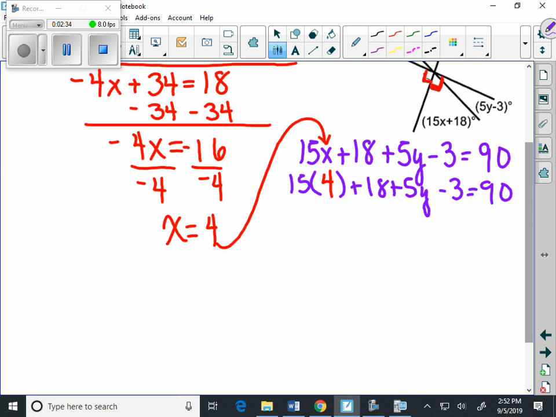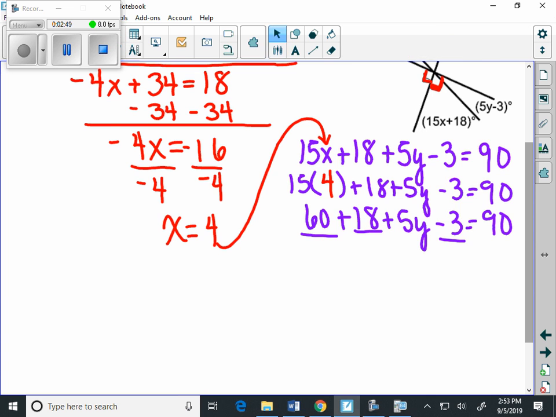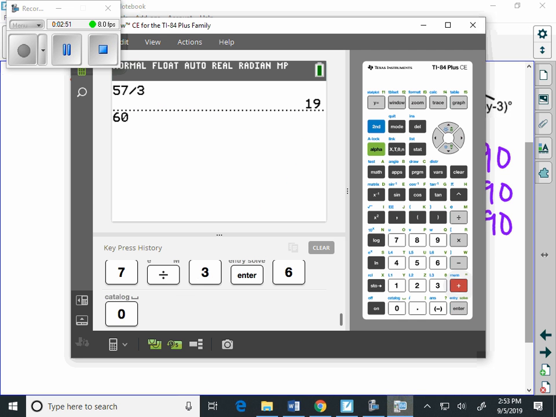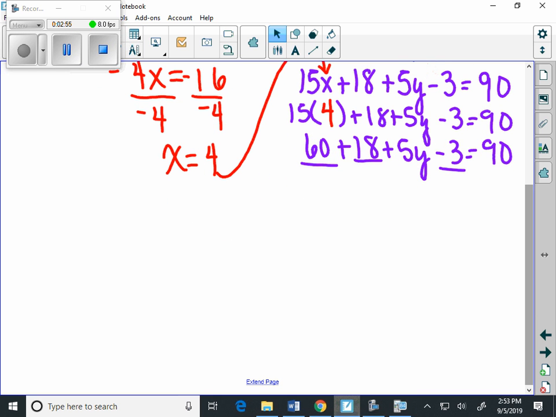And 15 times 4 is 60, plus 18 plus 5y minus 3 equals 90. We're trying to solve for y. We can combine some like terms over here: 60 plus 18 minus 3 is 75.